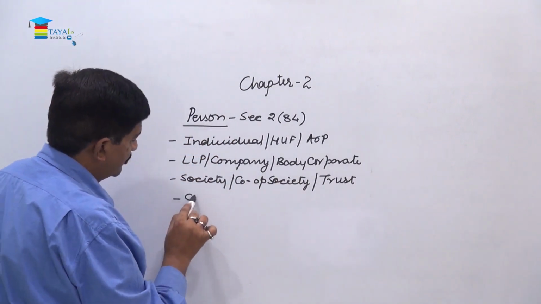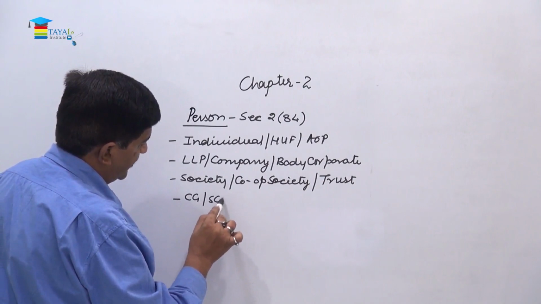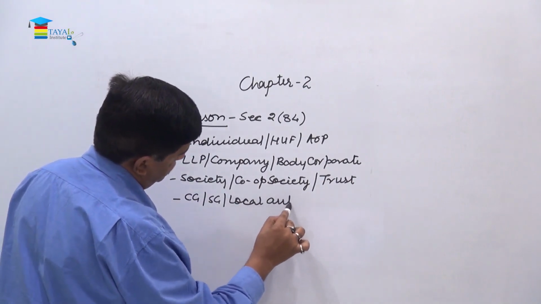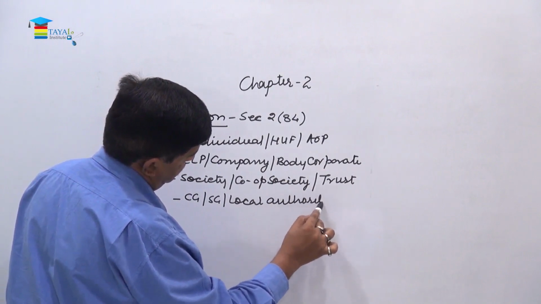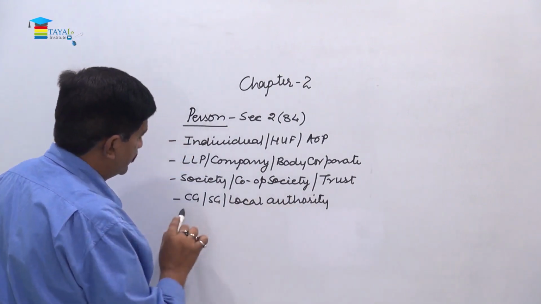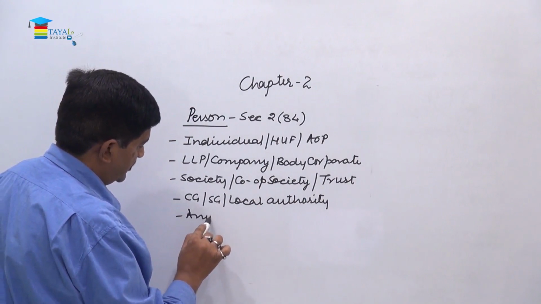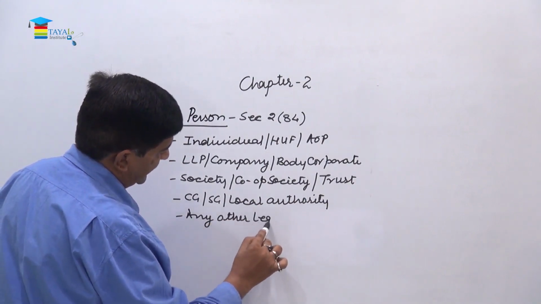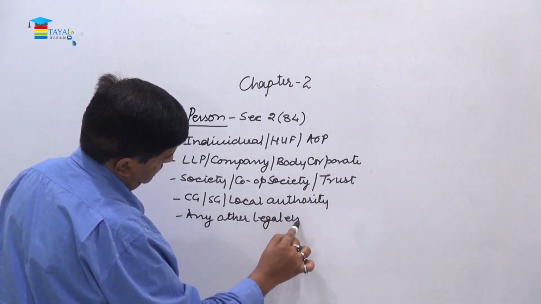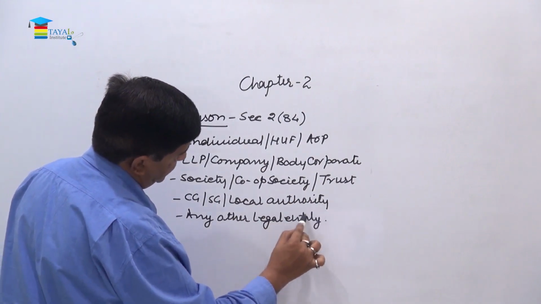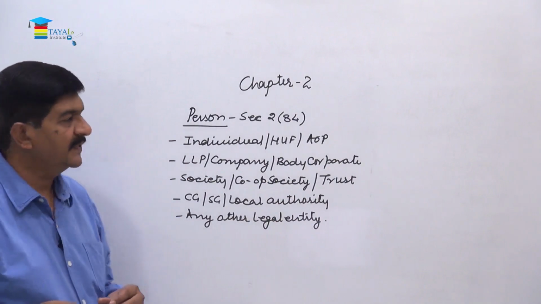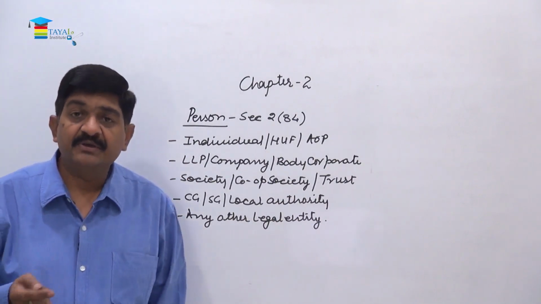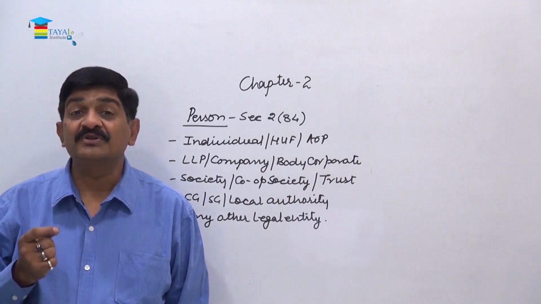Then we have central government, state government, local authority, and in addition to that, any other legal entity. Right? So the supplier is a person, the recipient is a person, but who is the person?